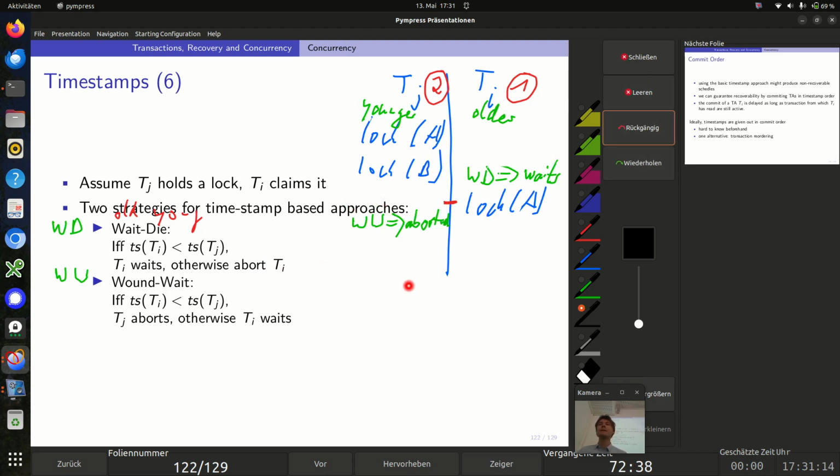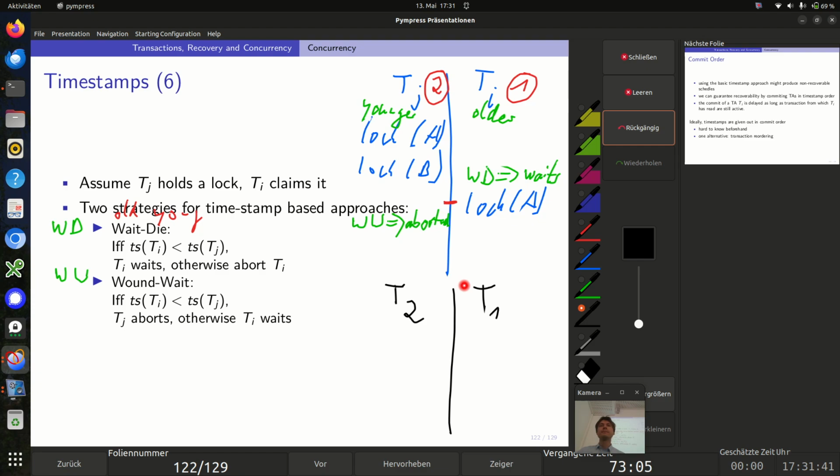It would be another example we would make. So we would have another one like T2, T1, and then we would have Wait. But in this it says TI is like the older one, right?